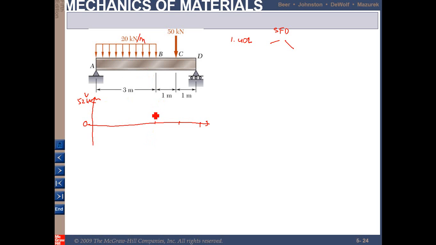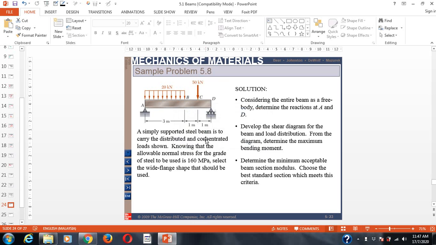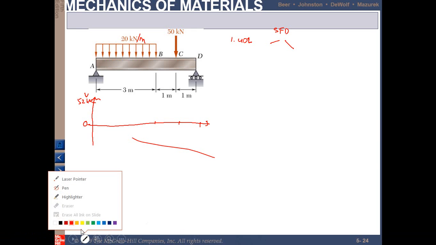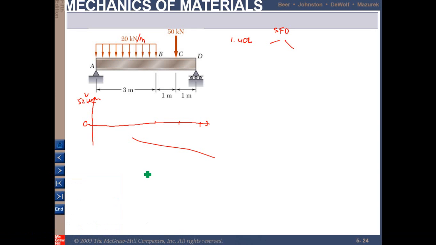Okay, and at 3 after, it will go down from 52 until 60 kilonewton, because this one is 20 kilonewton per meter.